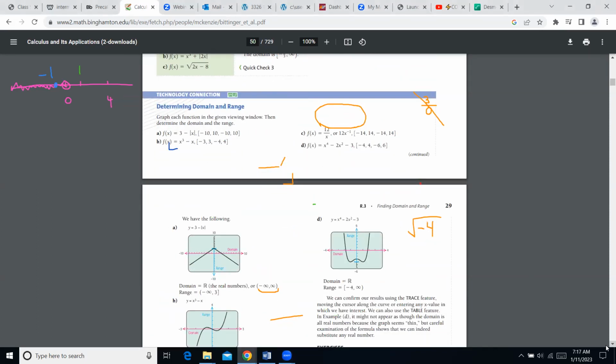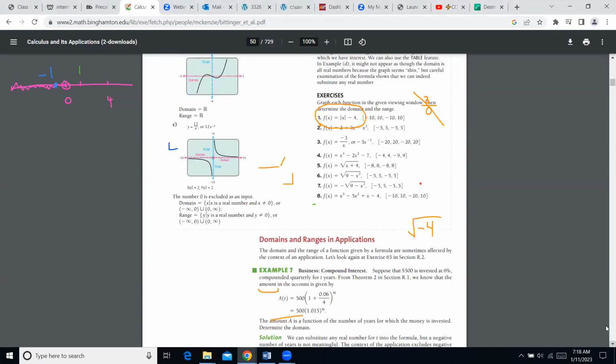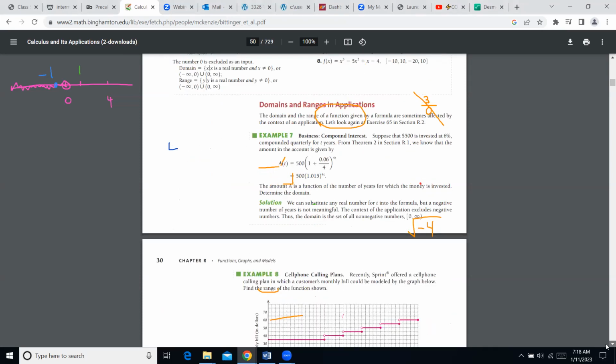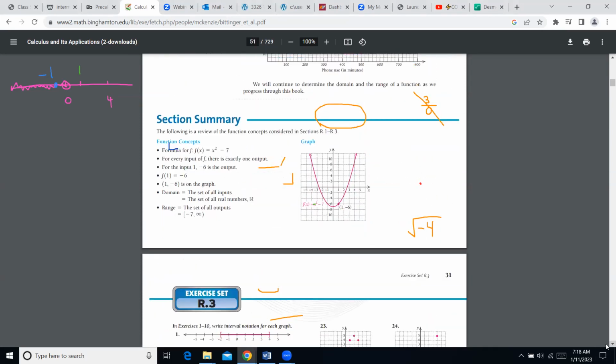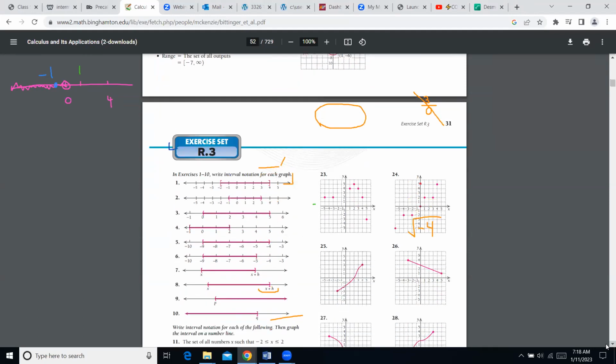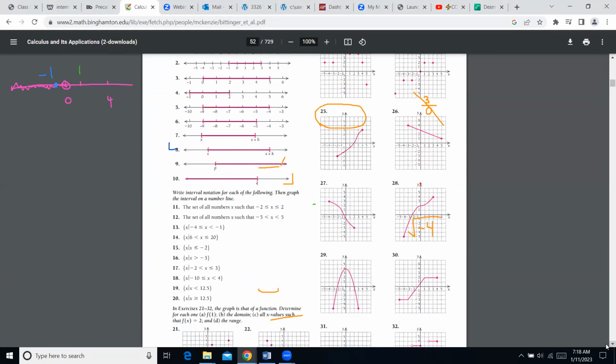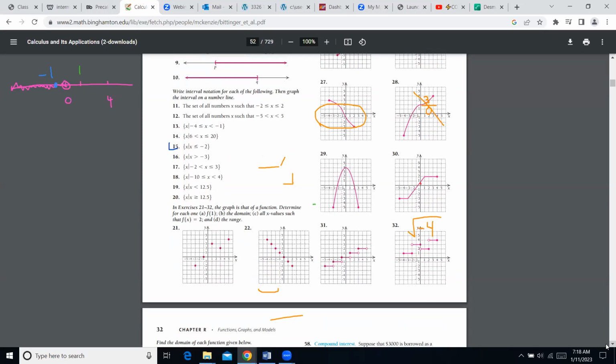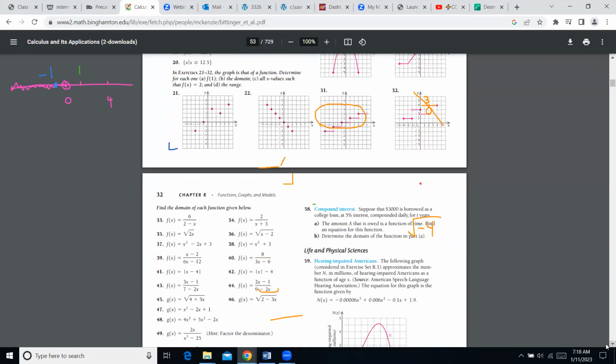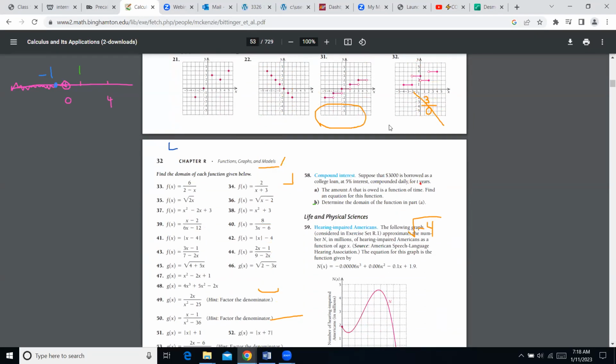So let us try to find some of these domains and ranges, and looks like this should be at the end. So I'm looking at the set of exercises here, and I'm going to look at the problems that start at number 33.